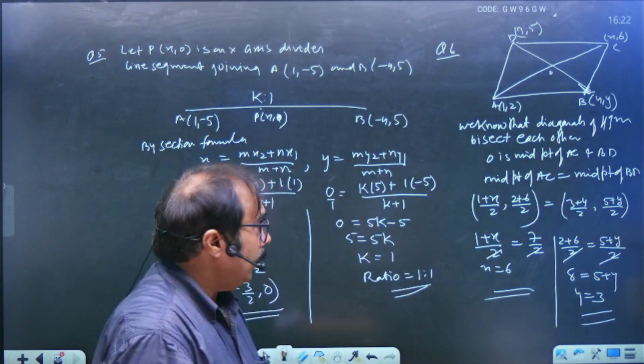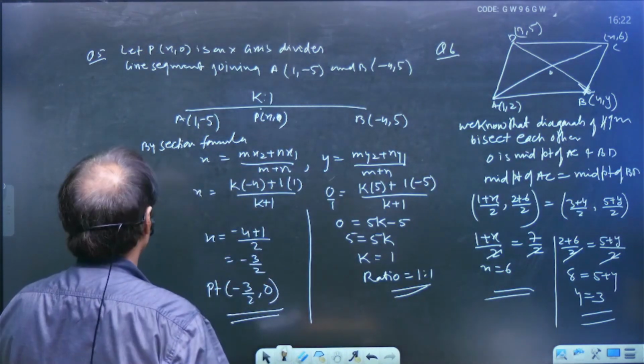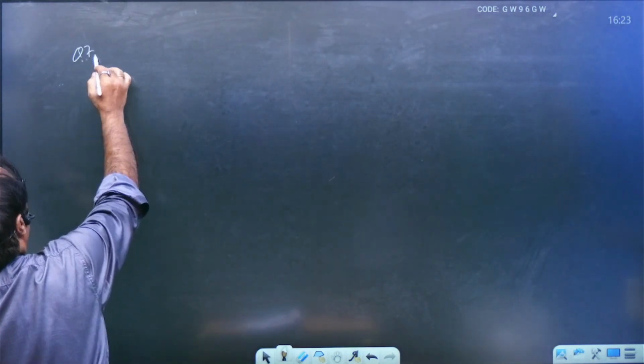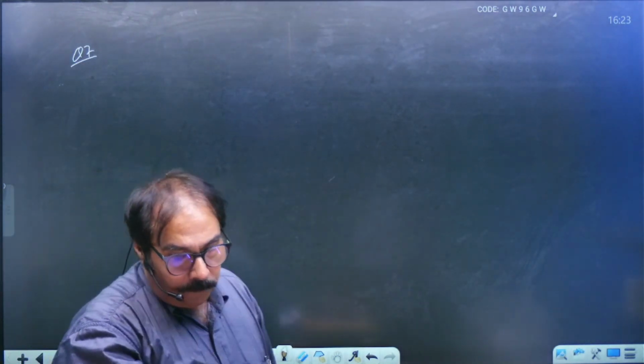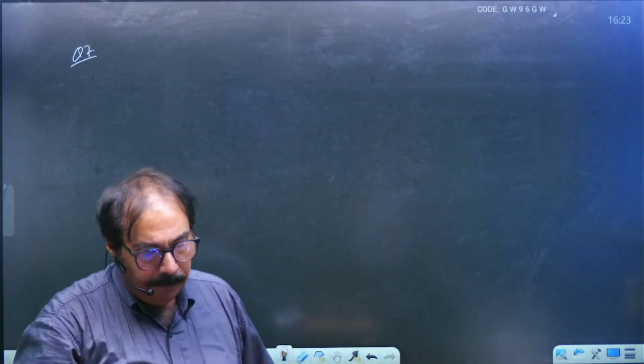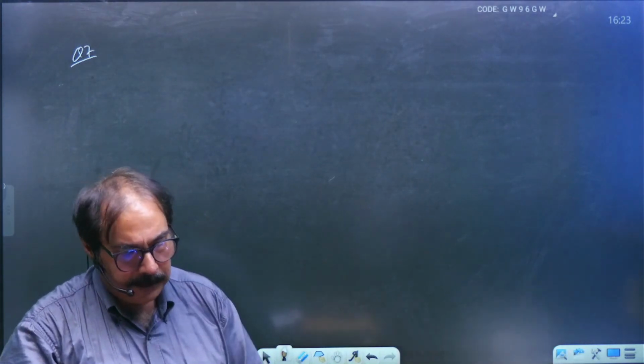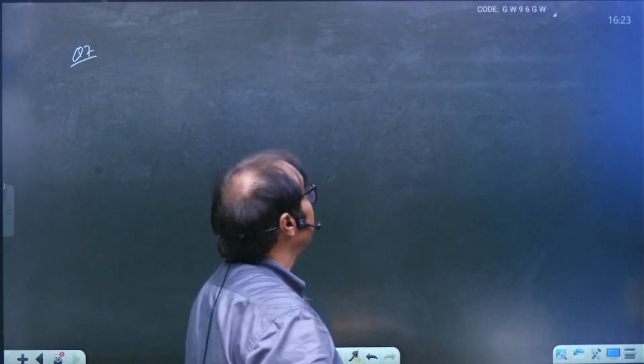Right, now the next question is question number 7. The seventh question is, find the coordinates of the point A where AB is the diameter of a circle whose center is given.